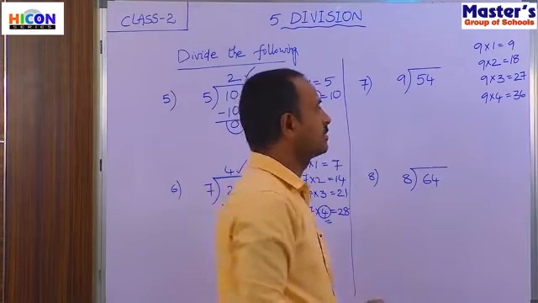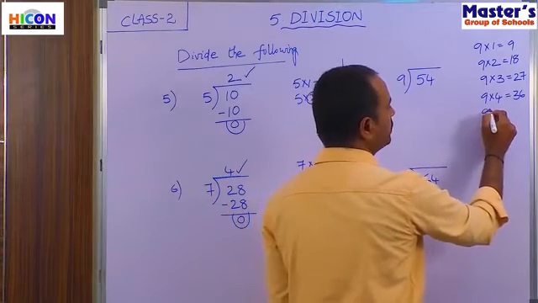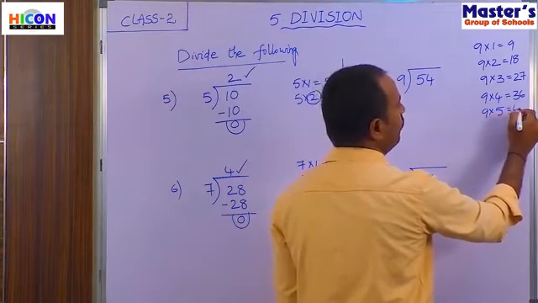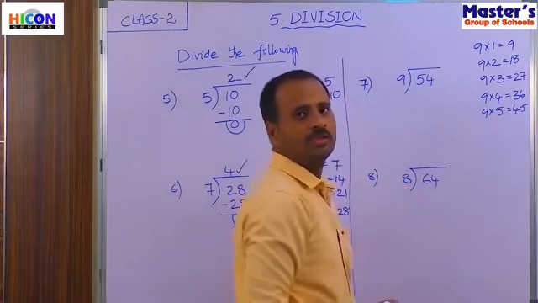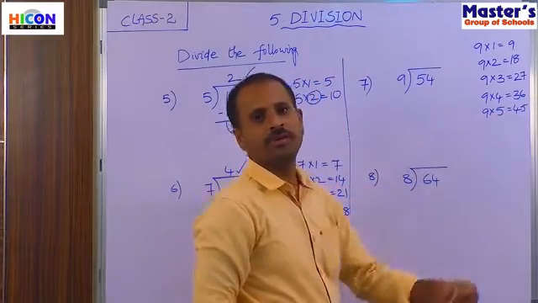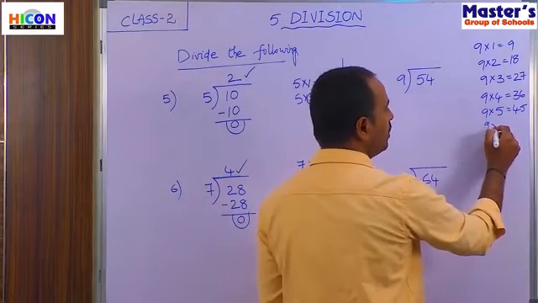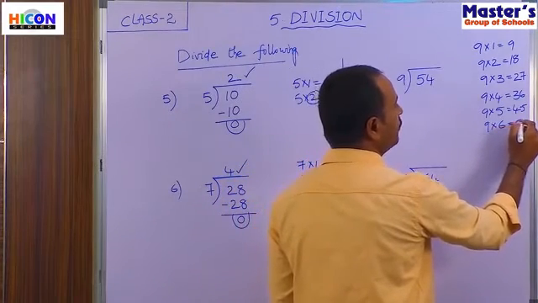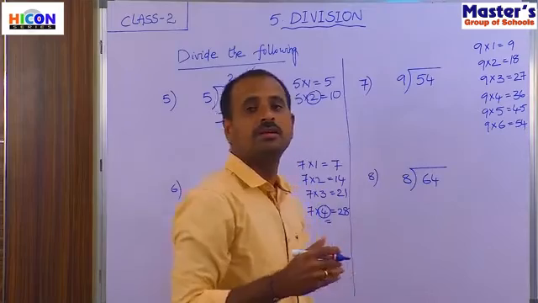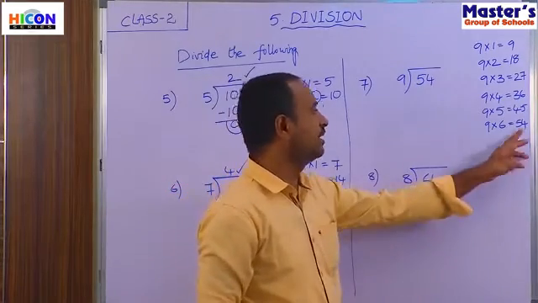Now take 5 times. 9 fives are 45. Now take 6 times. 9 sixes are 54. Yes, we will get the number 54.